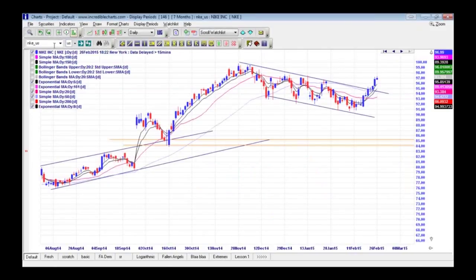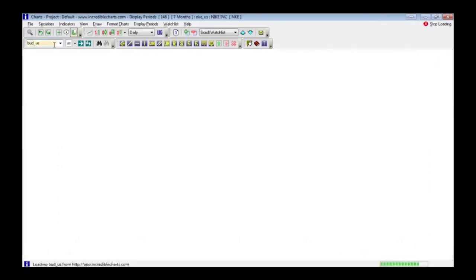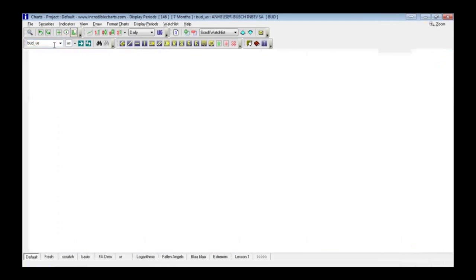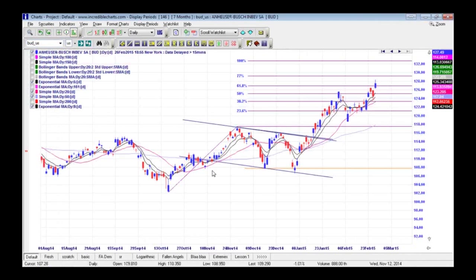We go over to a stock like Budweiser, another one that we picked along the way. Have a look. It's the rule of 3. After 3 touches, most of the time that support will no longer work. So 1 touch, 2 touch, 3 touch, pull back, break.